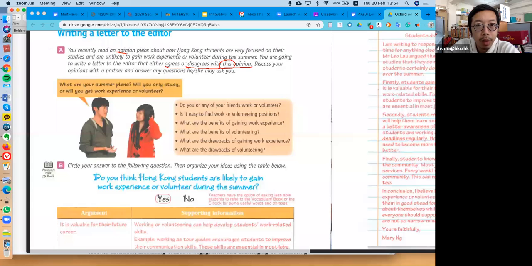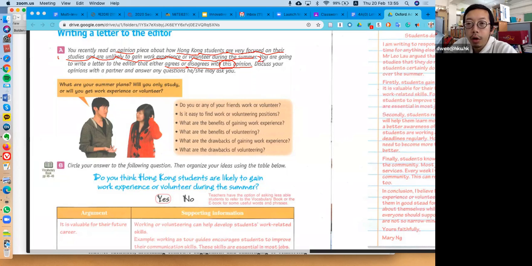Opinion about Hong Kong students are very focused on their studies and are unlikely to gain work experience or volunteer during the summer. So there are two parts. One, Hong Kong students are very focused on their studies. That's part one. And two, are unlikely to gain work experience or volunteer during the summer.